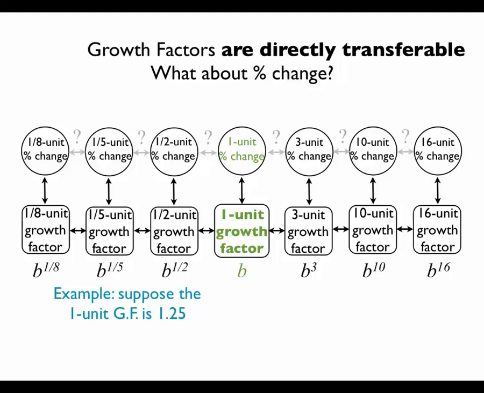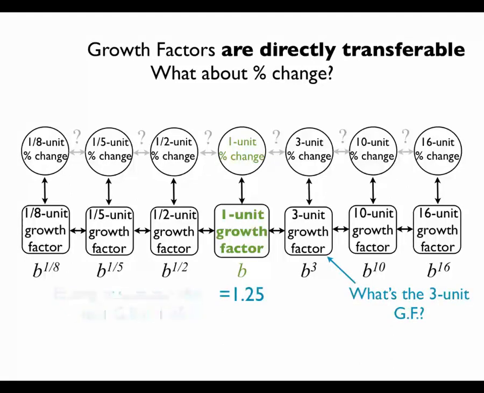So suppose the 1 unit growth factor is 1.25. I want you to find the 3 unit growth factor. Go, find the 3 unit growth factor if the 1 unit growth factor is 1.25.